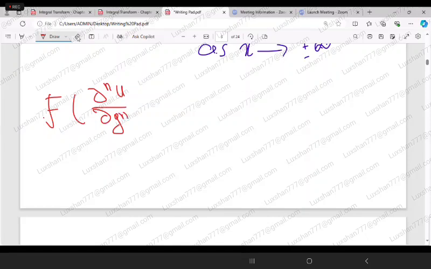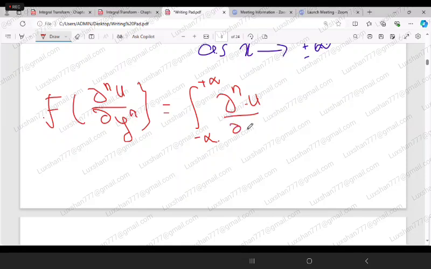Look at the variable, now the variable is y. By definition, you can write it as the integration from minus infinity to plus infinity of ∂ⁿu/∂yⁿ e^(iωλ) dλ.